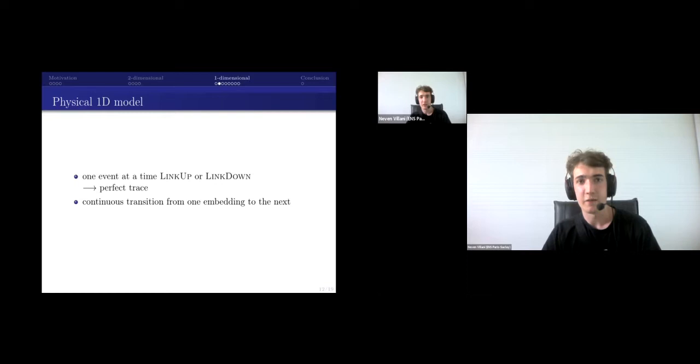Let's discuss the physical model a bit first. We said that we would assume a perfect trace. And in particular, one key assumption is that we are able to distinguish individual events, so individual connections between two vertices being created or destroyed. So the graphs change only in one connection from one instant to the next.